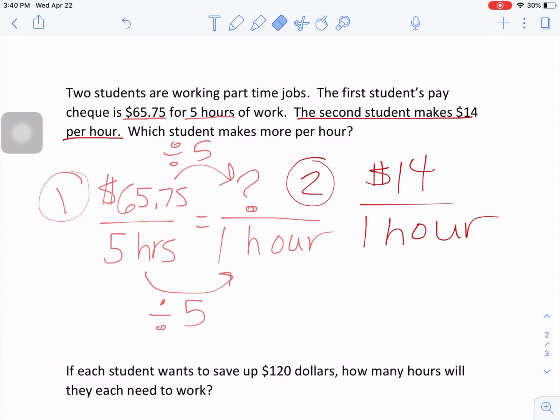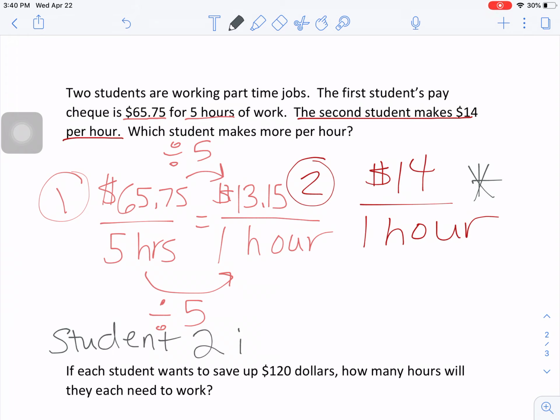So the first student, when I divide $65.75 by 5 hours of work, I get $13.15 per hour. So my conclusion is that student 2 is making more per hour.